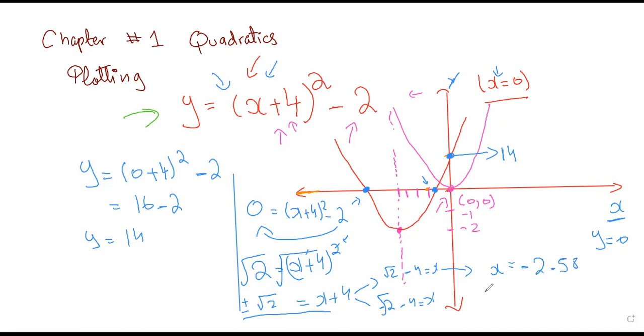And what do we get from this one? Minus 2.58. Yes, very good. And the other one would be minus 5.41. Haris, are you doing this with us? 2.58 and minus 5.41. Okay.